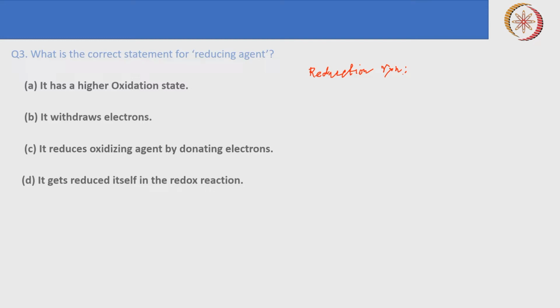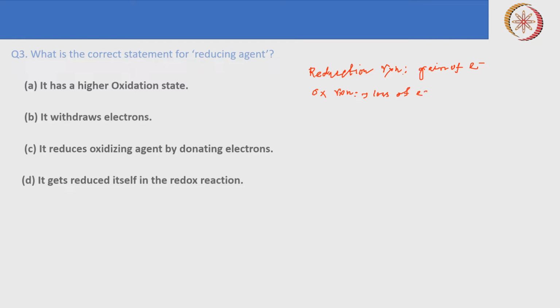Suppose it is in +3 state and it goes to the +2 state. Then that is the reduction, basically the gain of electron. And what is the oxidation reaction? Oxidation reaction is basically the loss of electron.